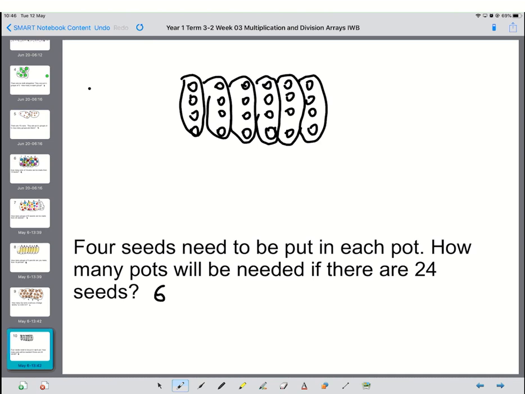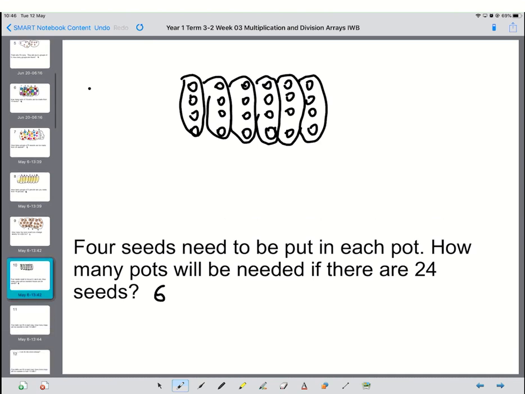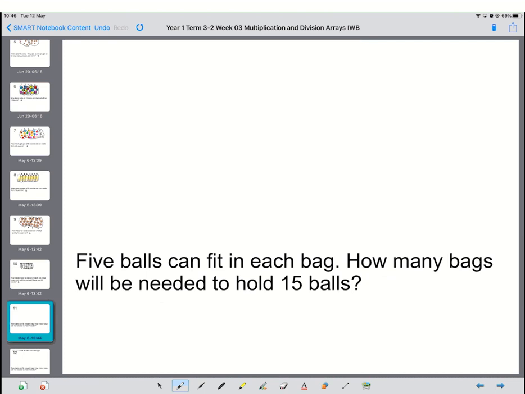I want you to think about how I laid that out, because that might be something we want to move on to. Last question. 5 balls can fit into each bag. How many bags will be needed to hold 15 balls? So I'm going to draw 15 balls. 11, 12, 13, 14, 15.